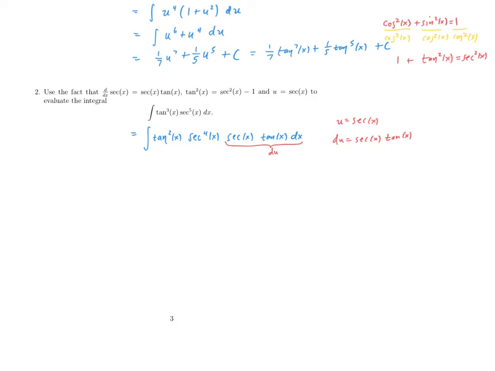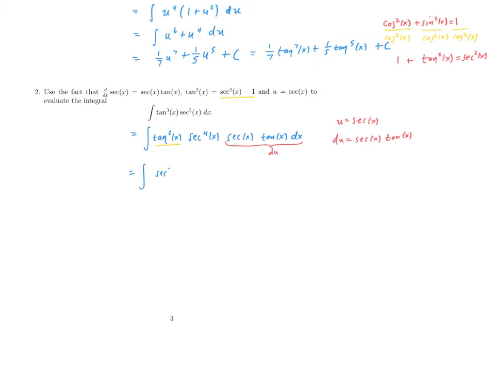That forces us to write any remaining tangents solely in terms of secants. And this is where that Pythagorean identity comes in handy again. And it's worth noting that procedurally, we're really taking the same approach that we've been doing in this entire section. Pulling off something to be a du, rewriting something else with a Pythagorean identity. In this case, we're going to replace that tangent squared in our integrand with a secant squared minus 1.